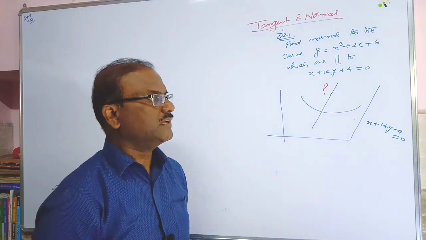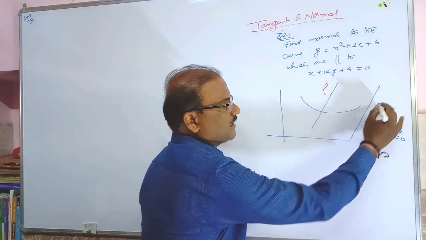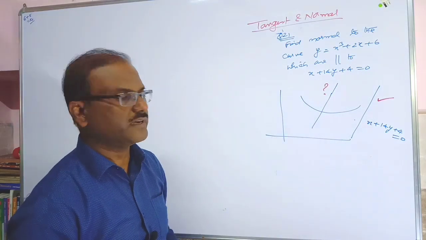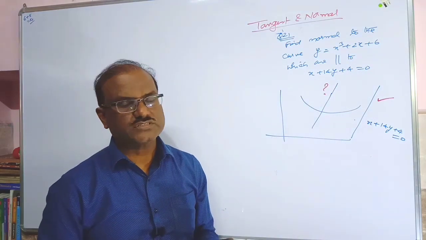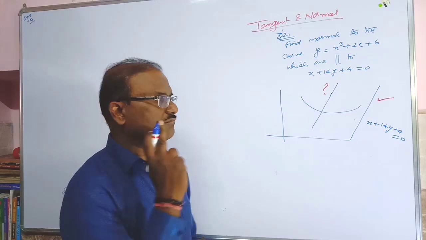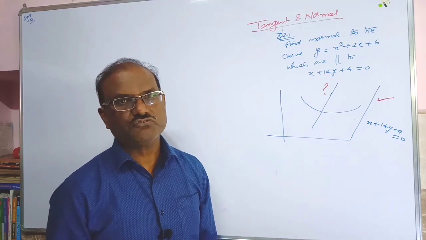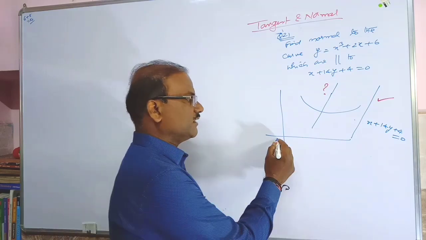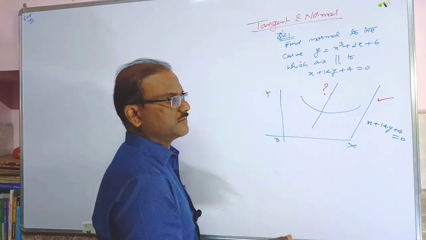इसकी इक्वेशन हमें दे रखी है, हमें ये गिवन है, इट इज गिवन टू अस एंड दिस वी हैव टू फाइंड. जब भी टेंजेंट नॉर्मल के क्वेश्चंस करें, whenever you put the figure, you must put the figure to make it clear to the examiner what you are thinking basically and how you are going to do that.